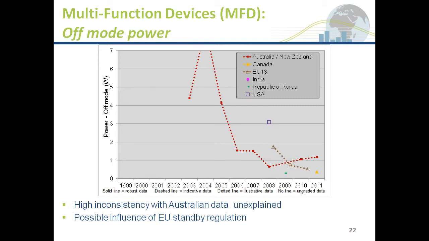Trends in these product groups do vary year to year in terms of the functionality. We're possibly seeing with the EU dataset there the influence of the standby regulation. But yeah, difficult to draw any firm conclusions on that particular product group.